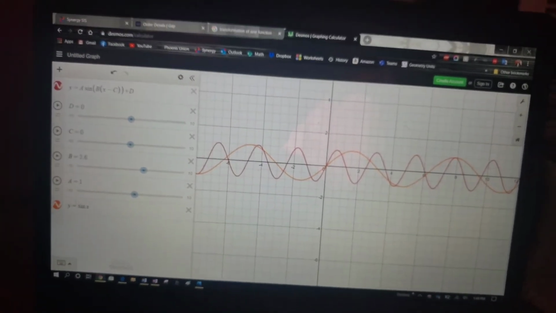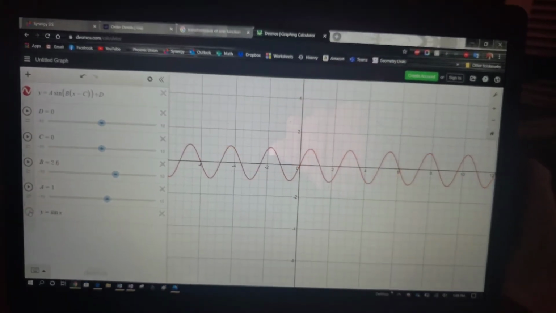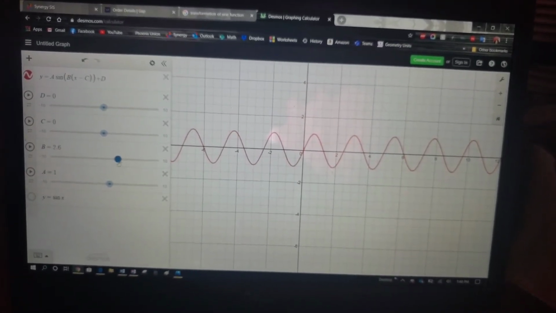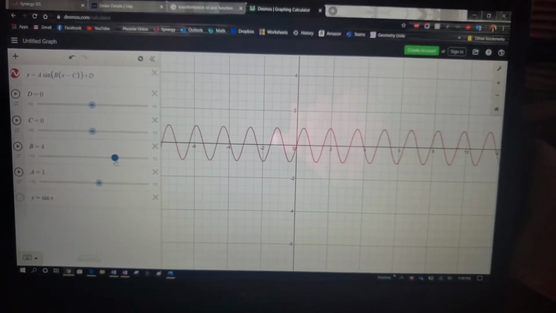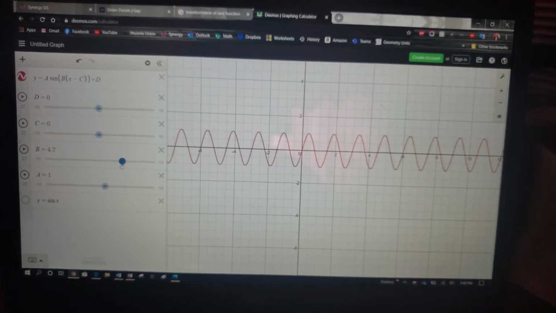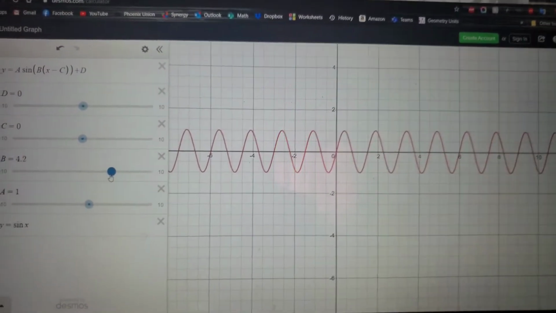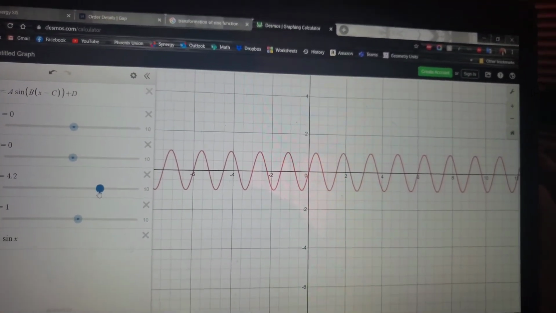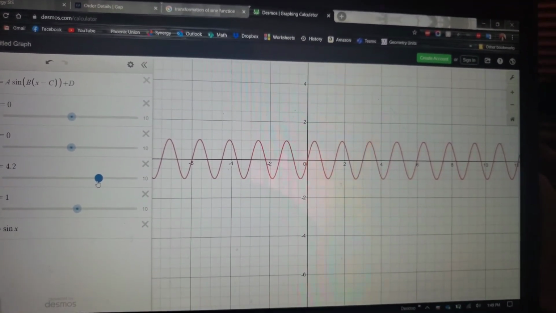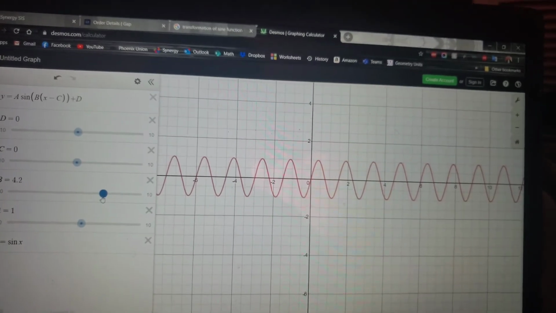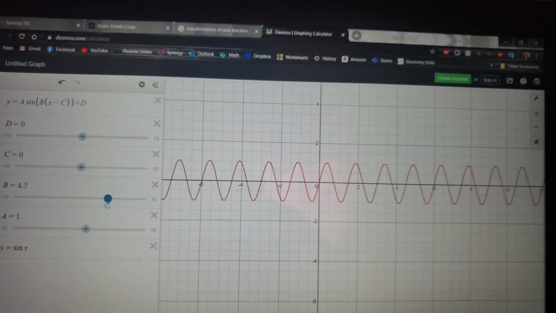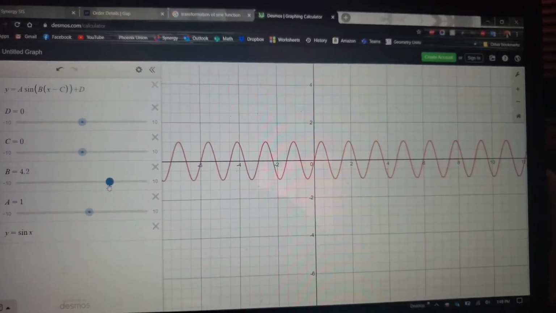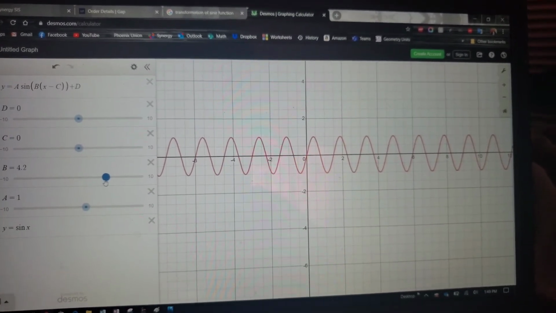Let me get rid of the orange one. So yeah, you'll have more cycles repeating. Let's say the respiratory cycles doubled, then B will be doubled. If it quadrupled, then B will be quadrupled. That's pretty much how it works. If it doubles, B just becomes 2.